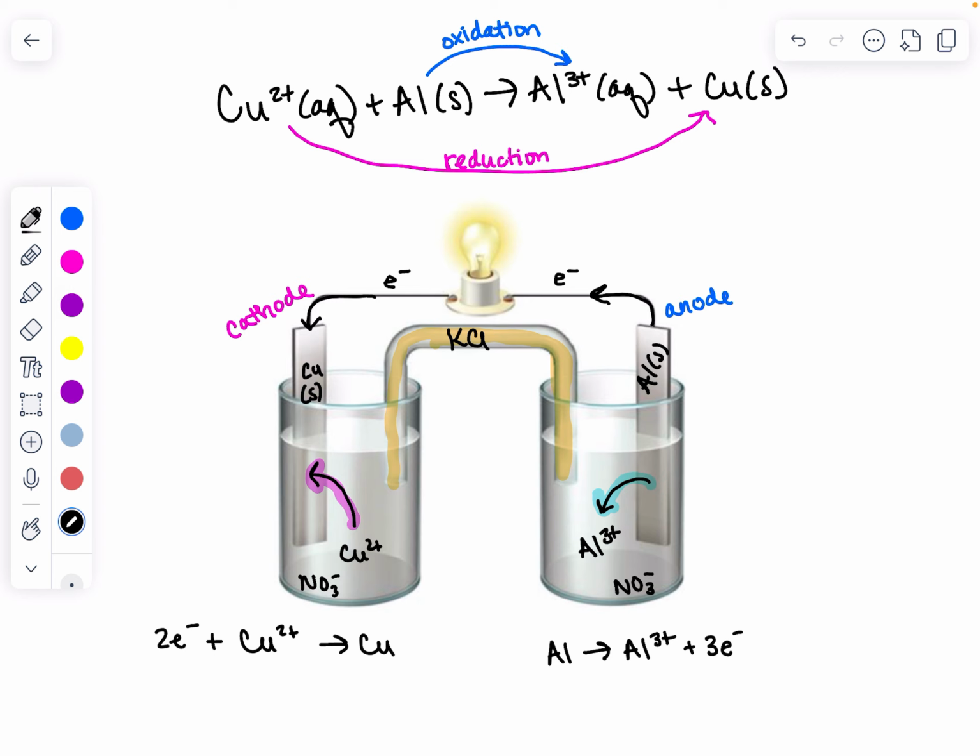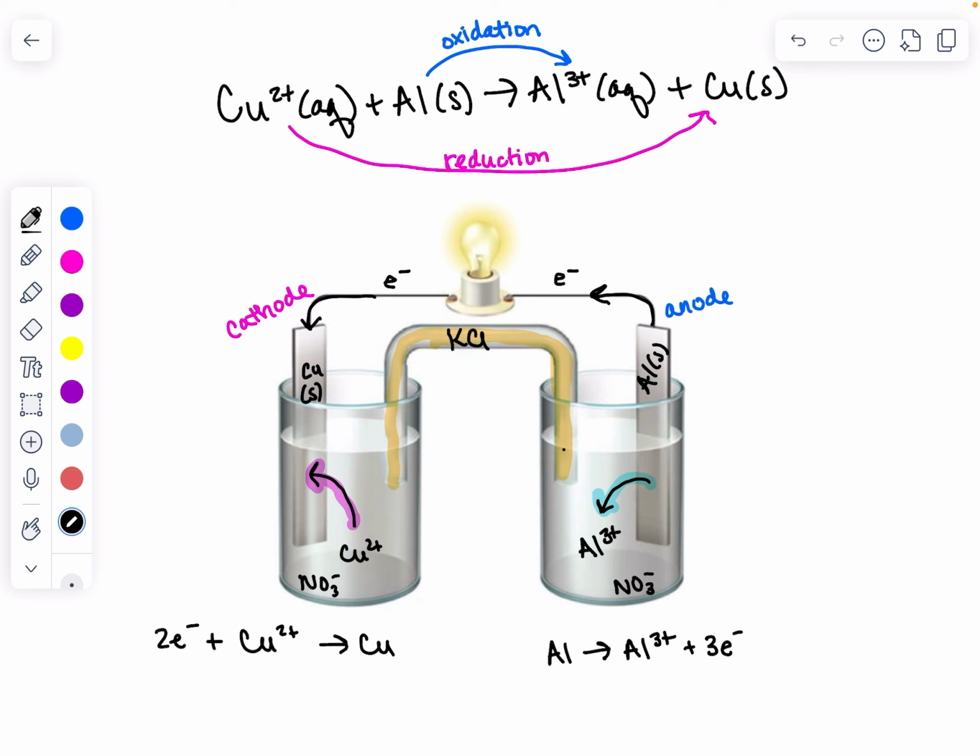And so if we're over at the anode, we see that we're gaining positive charge in the form of aluminum ions into the solution, even though the nitrate ions, the negative charge, are staying the same. We're not gaining any more of those. And so as we gain more positive charge in the solution, we need to balance that out.